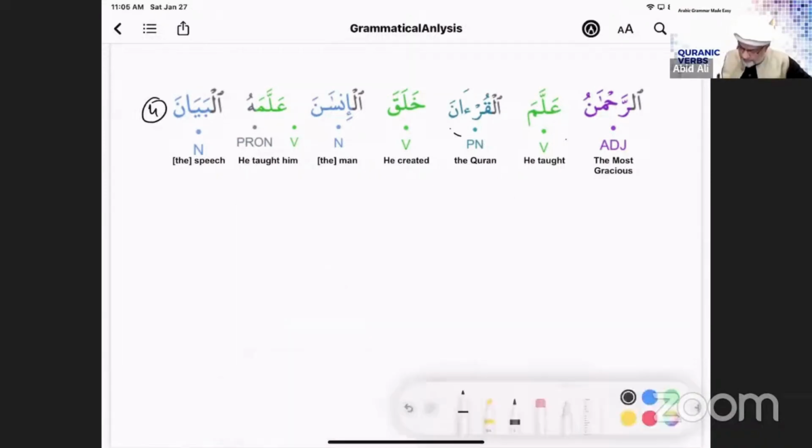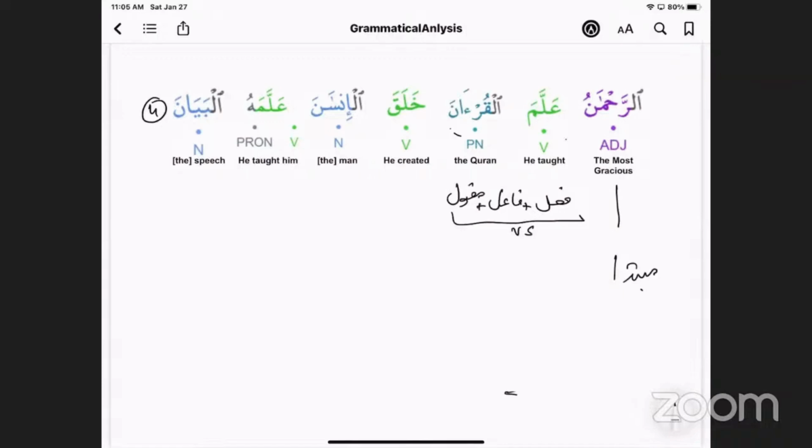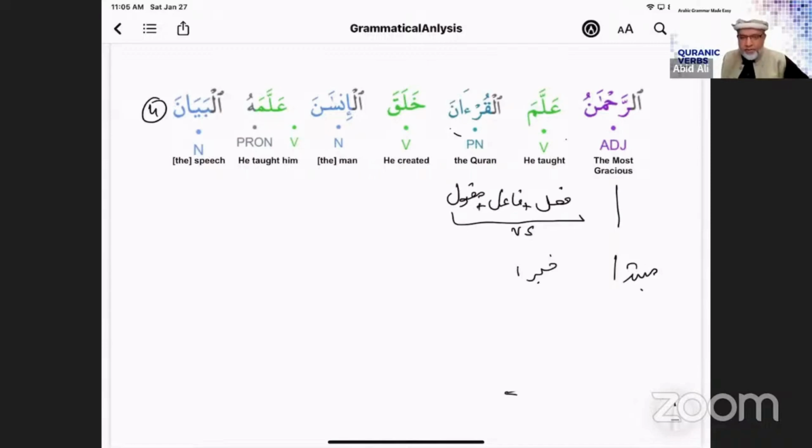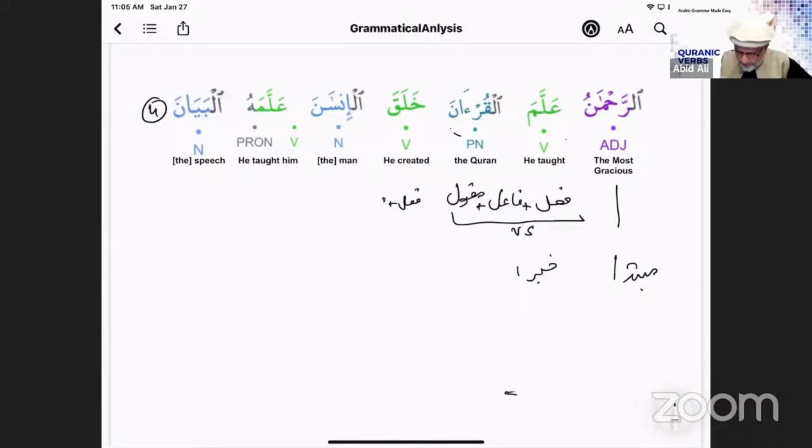Alhamdulillah. I'm going to say mubtada. And then as I said, this is fa'il plus fa'il plus maf'ul, a verbal sentence, khabar 1. Making sense? Then I'm going to say fa'il plus fa'il plus maf'ul, a verbal sentence, khabar 2.